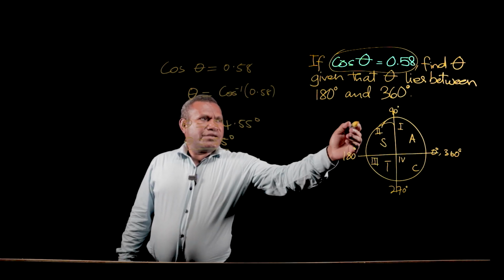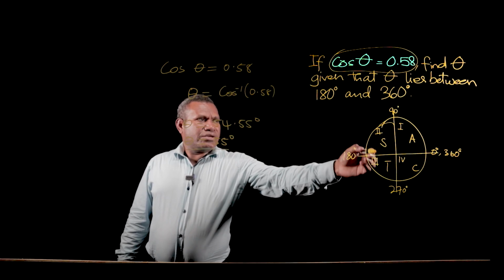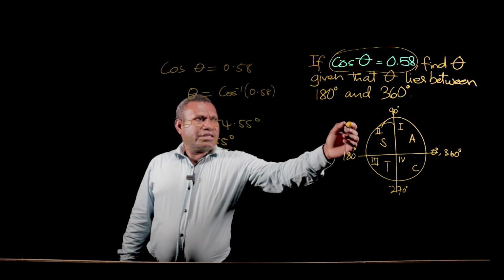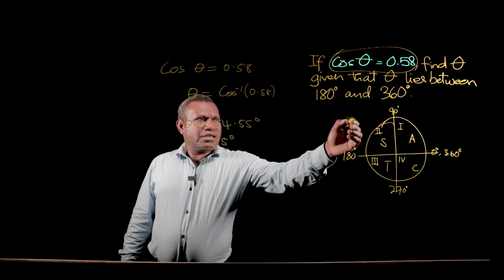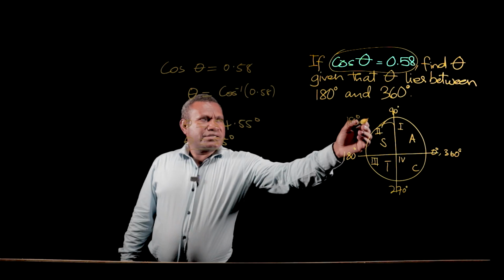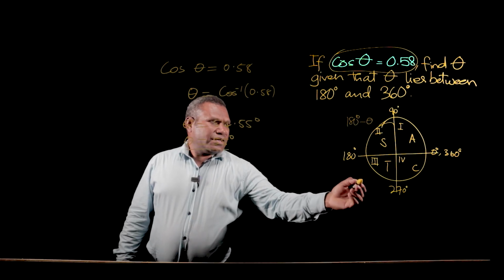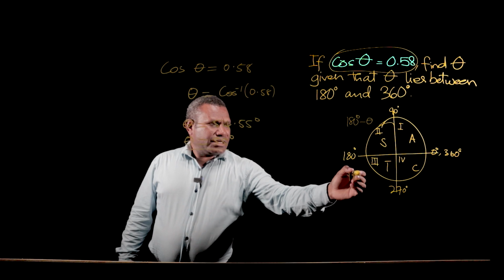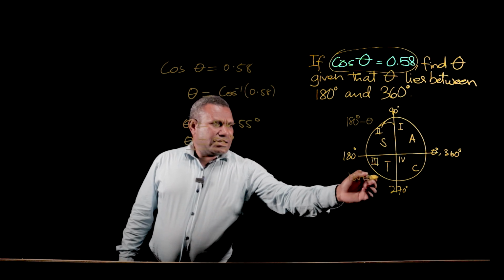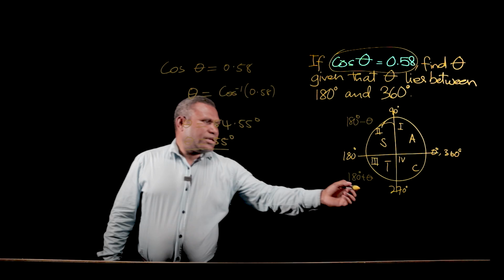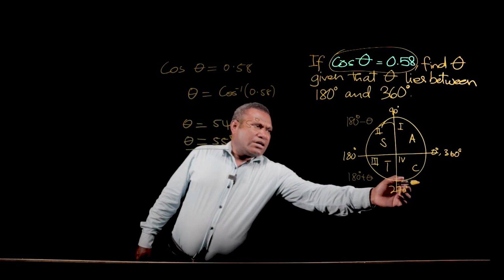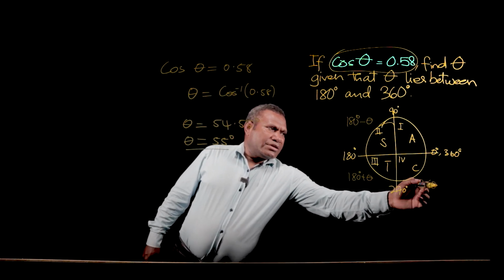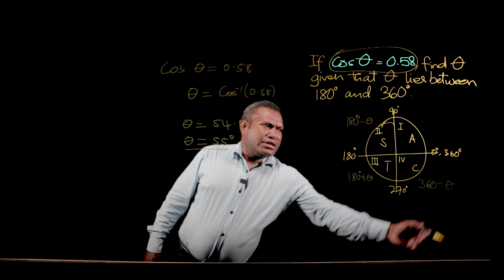If you want to find the angle between 90 and 180, you will say 180 minus the theta that we are calculating. For the third quadrant, it will be 180 plus the angle theta that we are calculating. In our last quadrant, 360 minus theta.